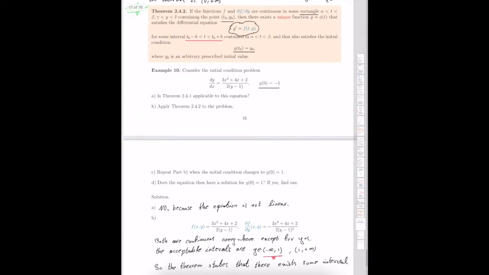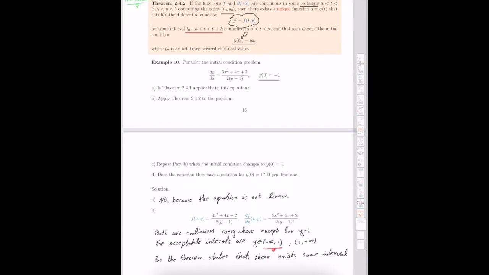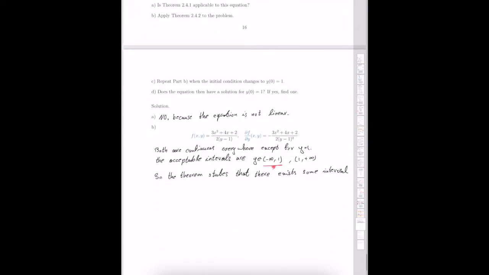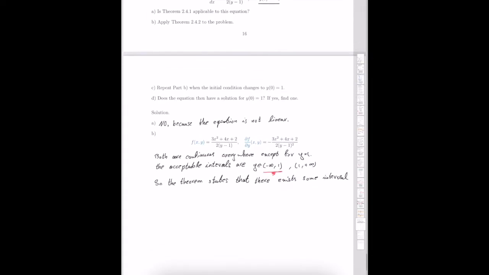If you want to know where I'm giving this initial condition, it's exactly here, t0. So it should be x in x0 minus h and x0 plus h.